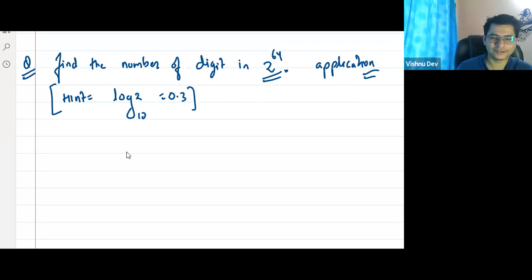Now use this. I'll tell you how to solve this. Samarth and Varun gave the correct answer.